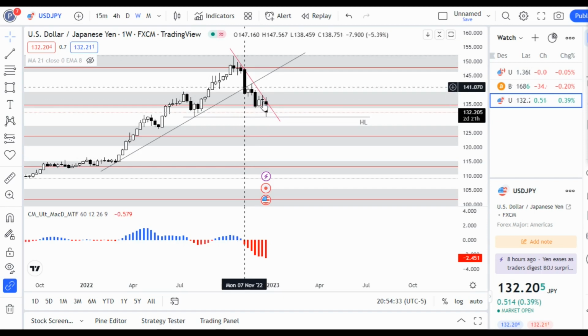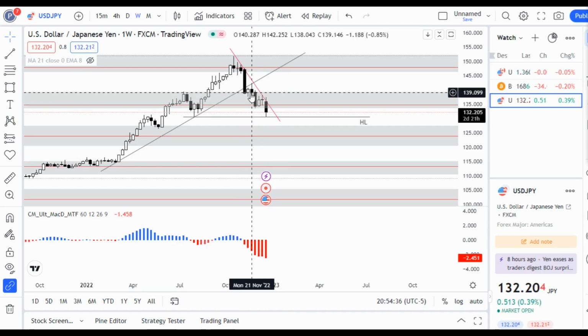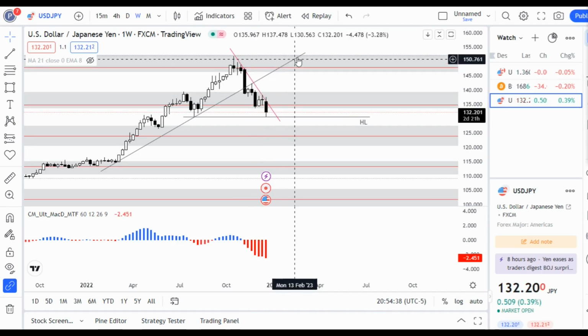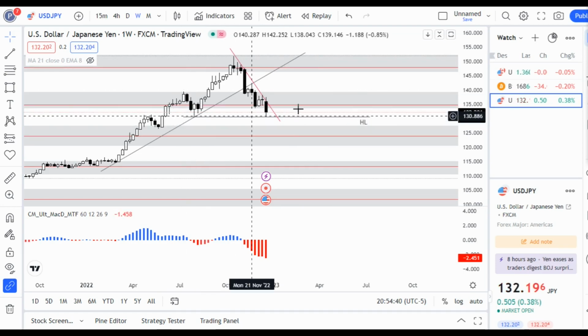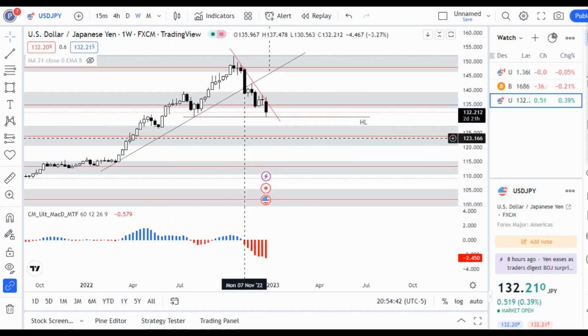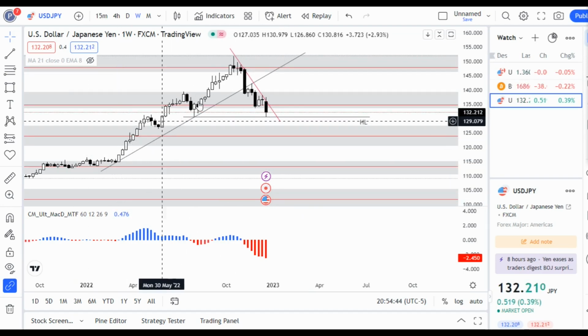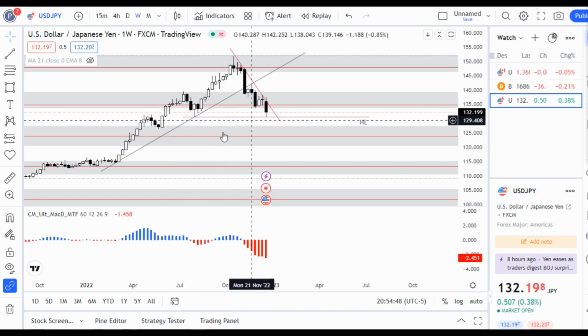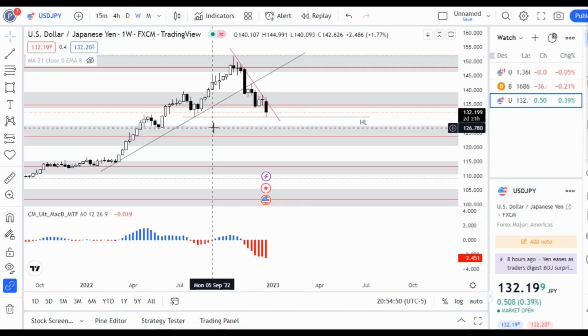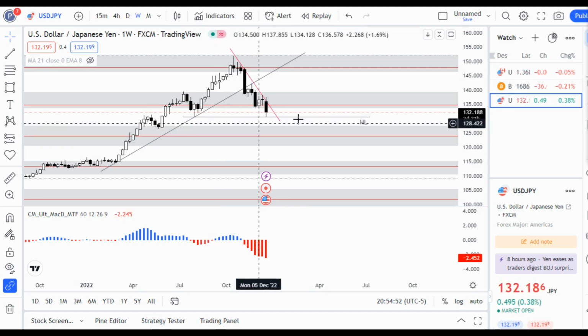So in this case, the trend line has been passed, but the buying structure itself, which means this buying trend here, hasn't ended yet. Why?